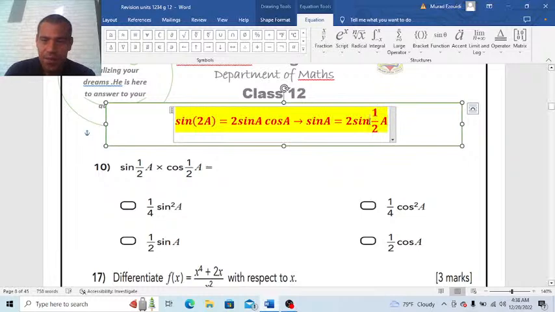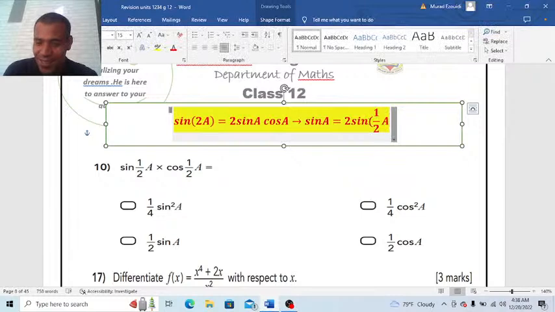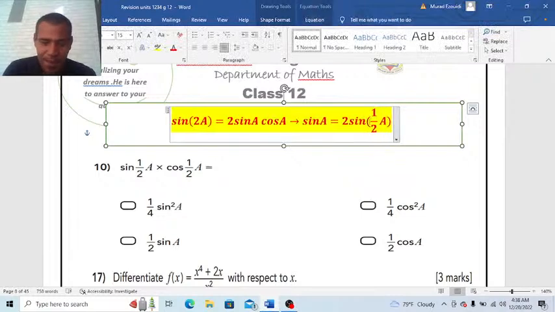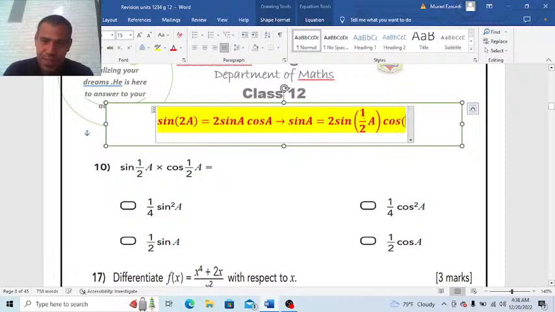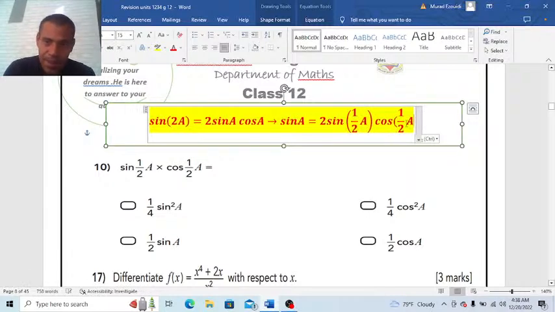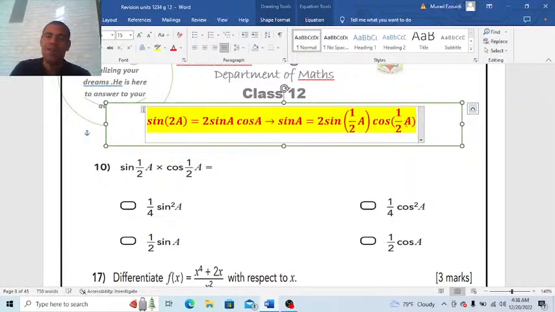This is parentheses, of course, learners. Multiplied by cosine of, between parentheses, the same ratio, the same angle. This is the formula of the double angle, sine double angle.